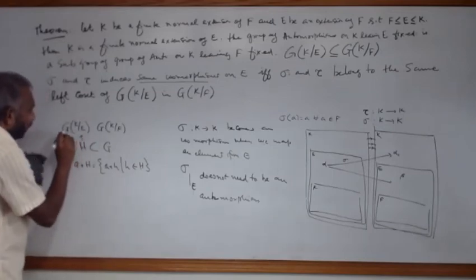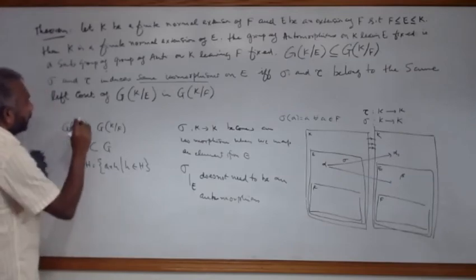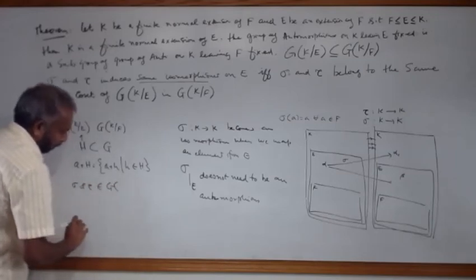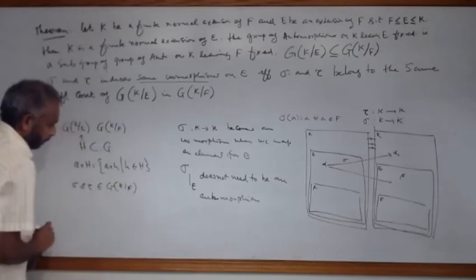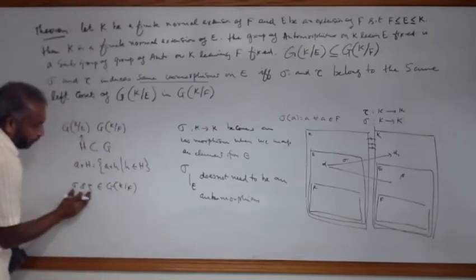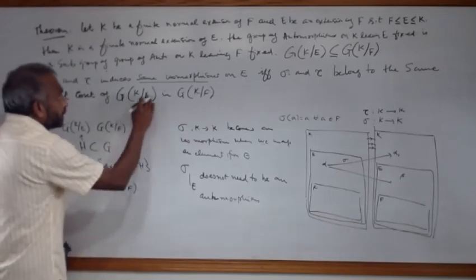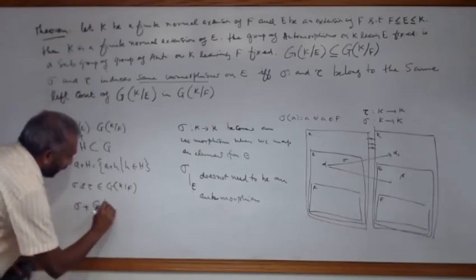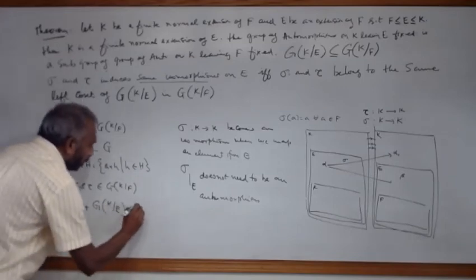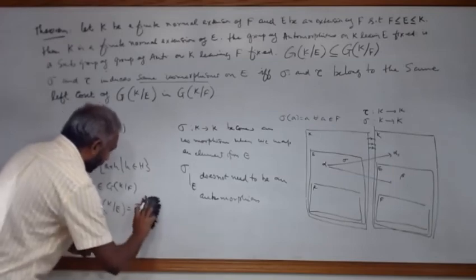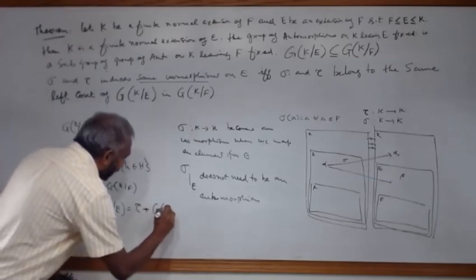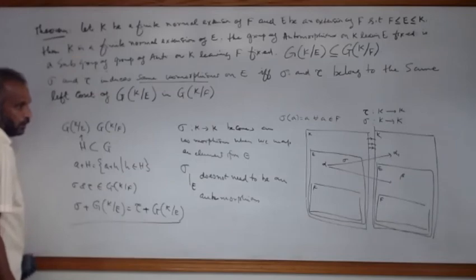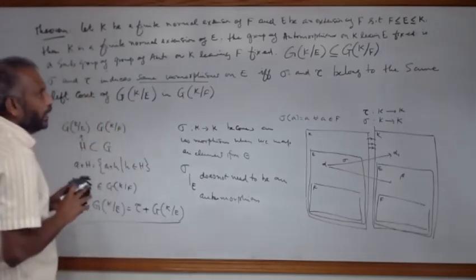So if sigma and tau belong to G of K over F, they induce the same isomorphism if sigma plus G of K over E is equal to tau plus G of K over E. That is what the next statement is, and we'll do a detailed proof.